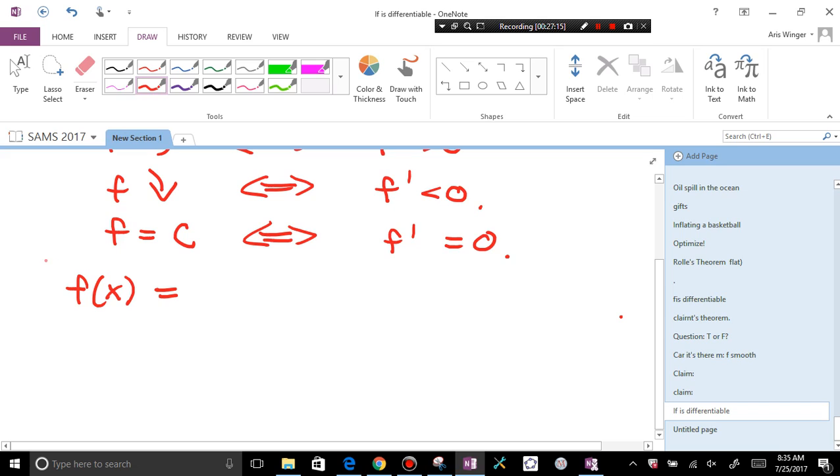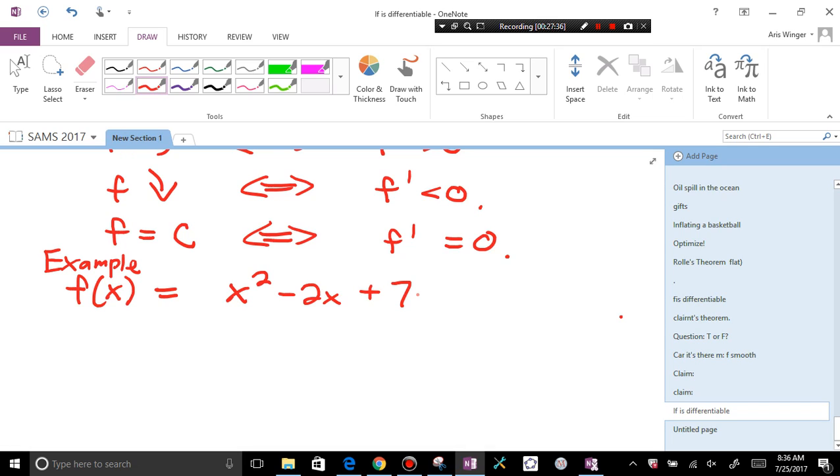Let's do an example. Let's do something like x squared minus 2x plus 7. Start with a nice function like this. We can say a lot of things about this without doing any calculus.